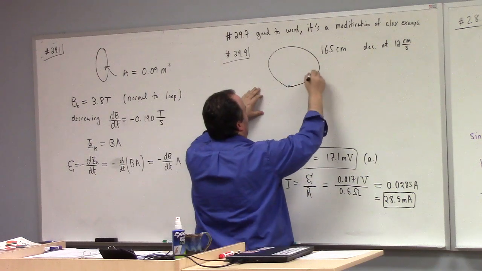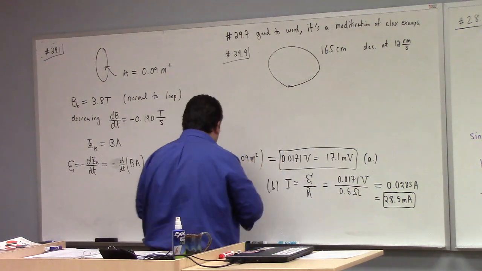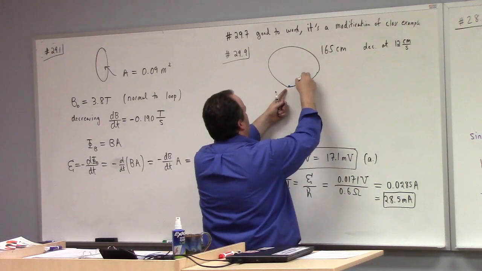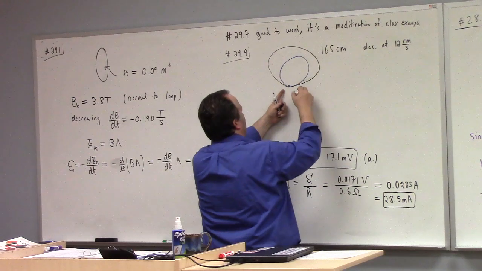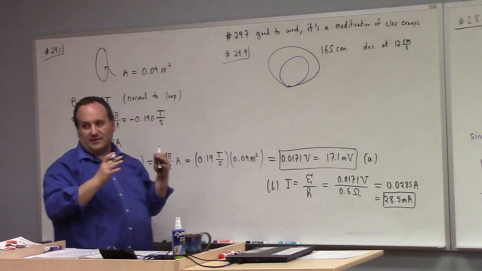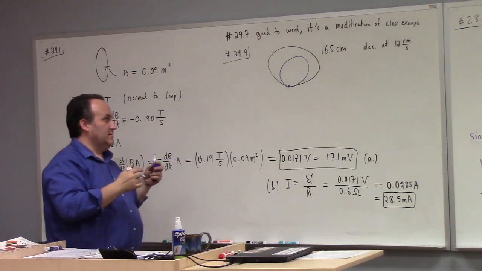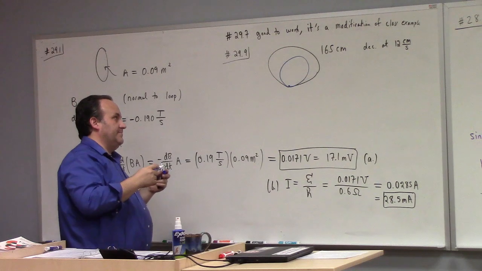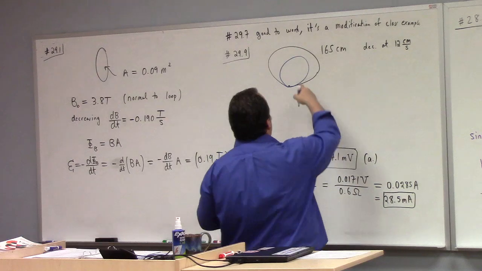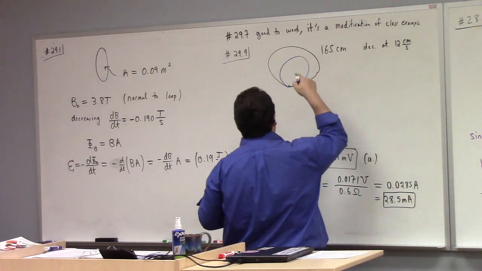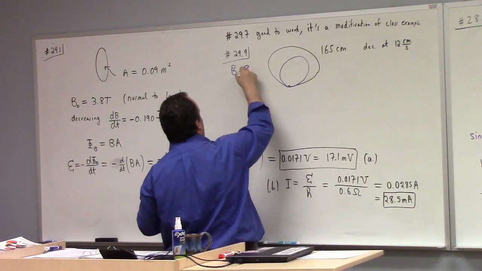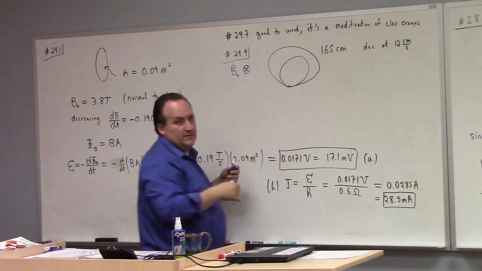You notice they're trying to say that as it's being pulled down, it's always a loop, continuing to be a loop, which means that we can calculate the area. So the magnetic field is like this, let's say, everywhere.